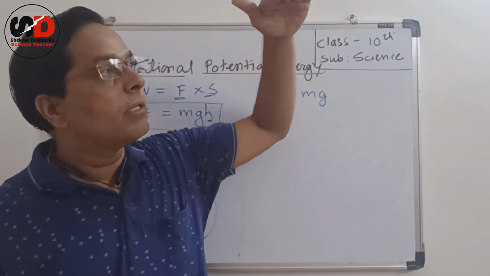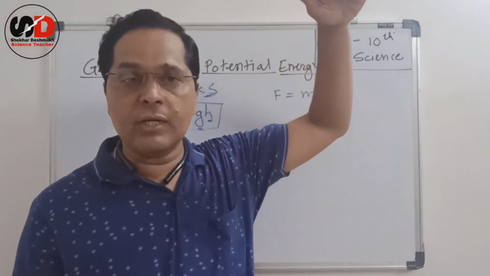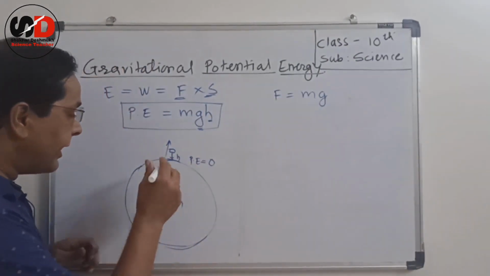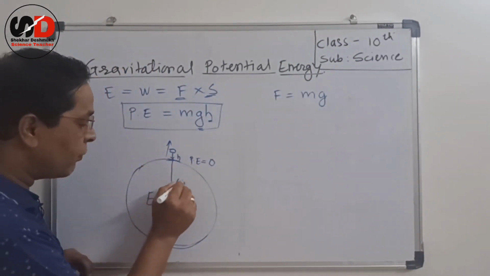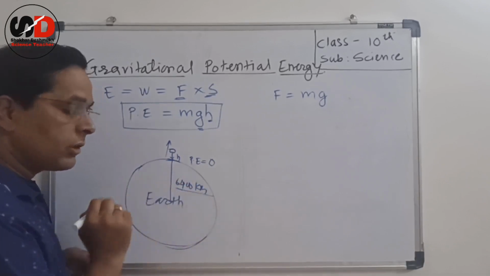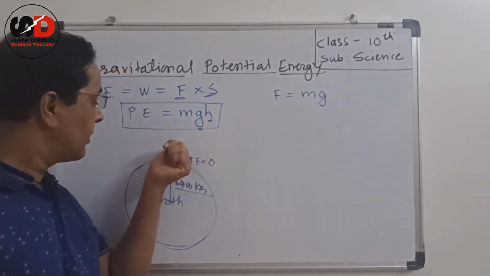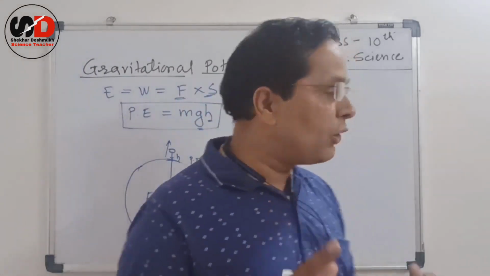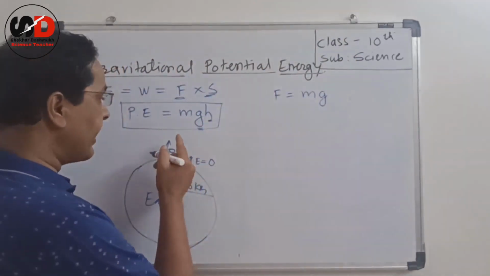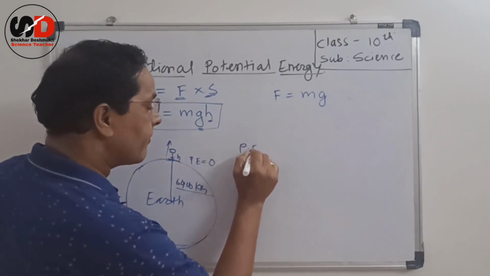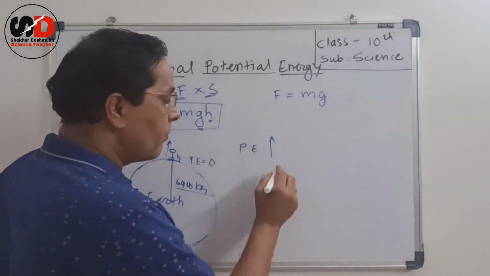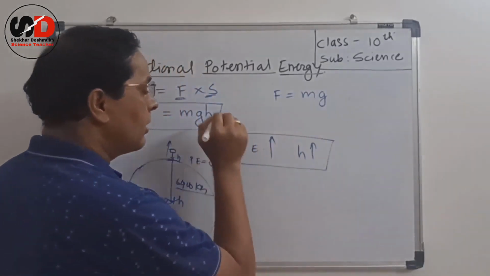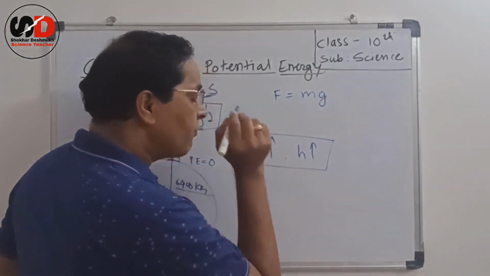If the aeroplane is at a height of 10 kilometers from the surface of Earth, that 10 kilometers is very small in comparison with the radius of the Earth, which is 6400 kilometers. So for such small distances, the value of g is constant, and therefore potential energy increases whenever the height increases. So this relation is true for smaller heights only.